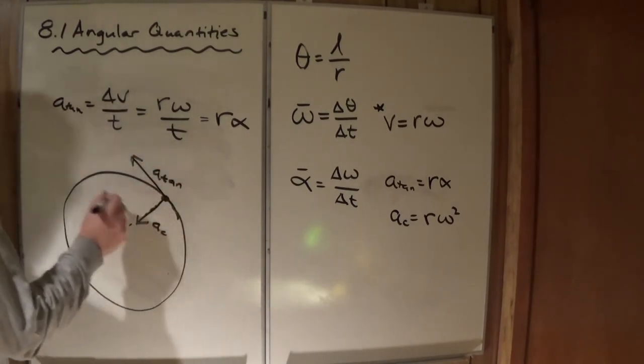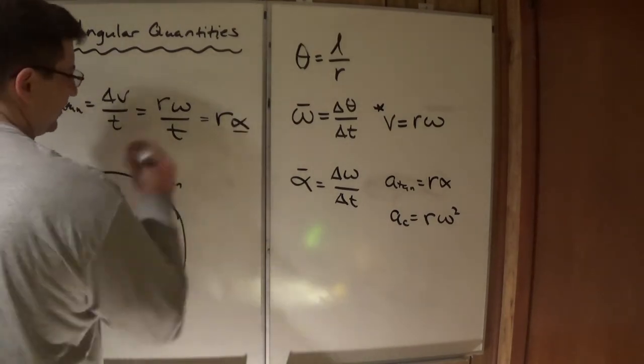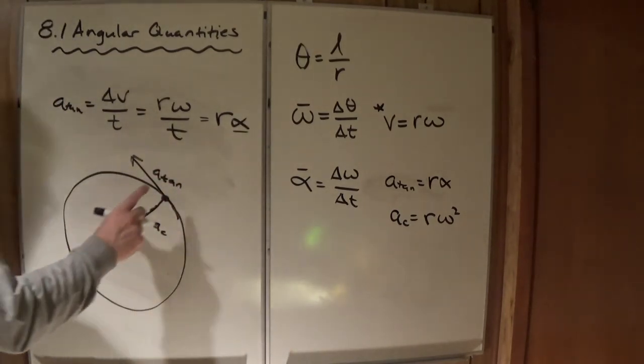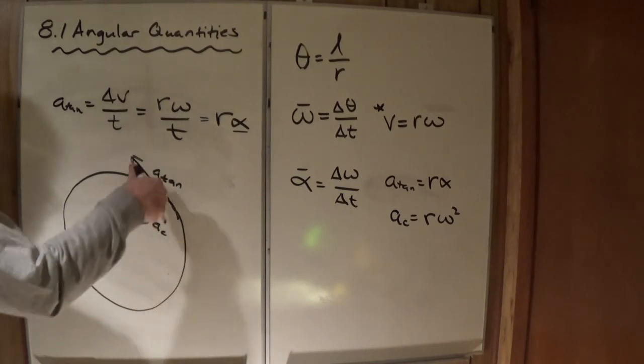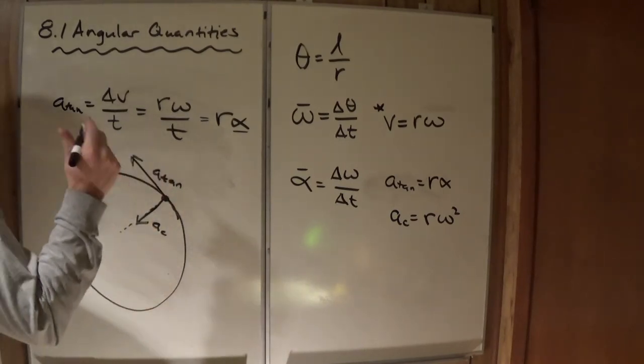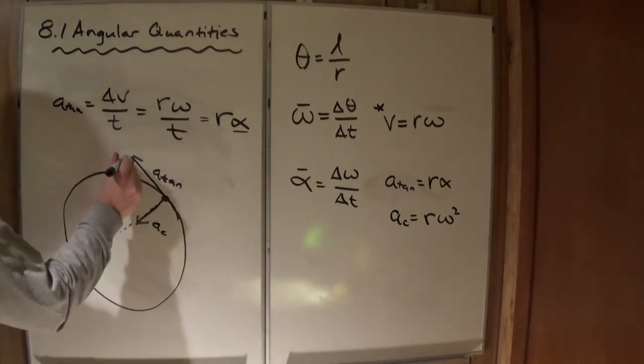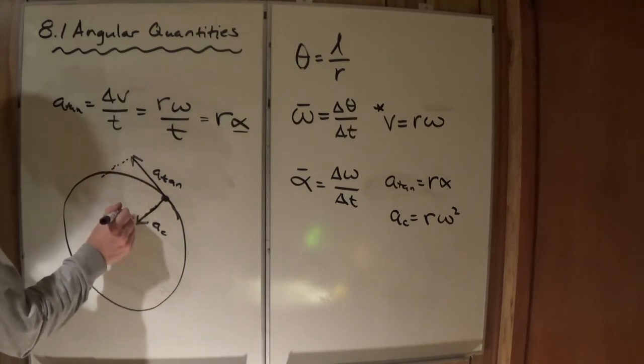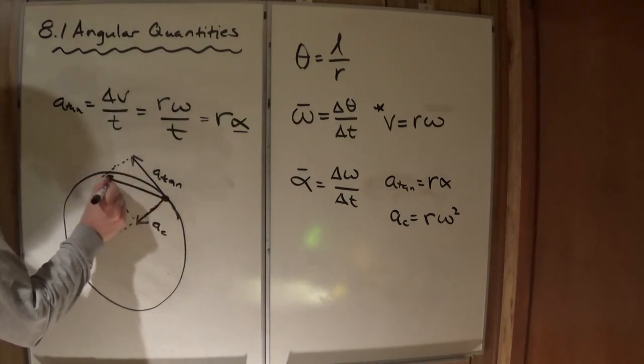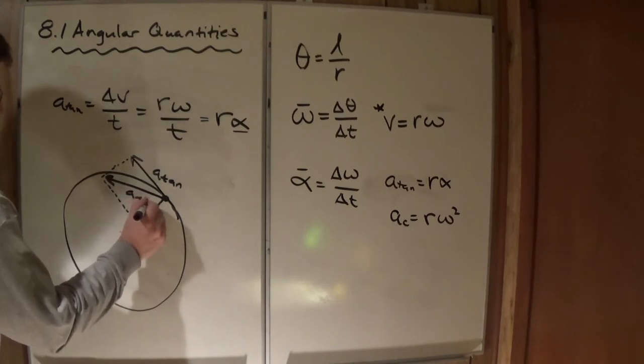And this tangential acceleration is directly related to the angular acceleration. Now if we have both a centripetal acceleration and a tangential acceleration, then there will be some resultant acceleration that I can find by looking at the resultant of these two vectors.